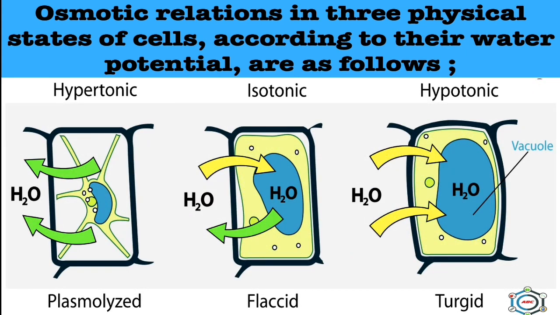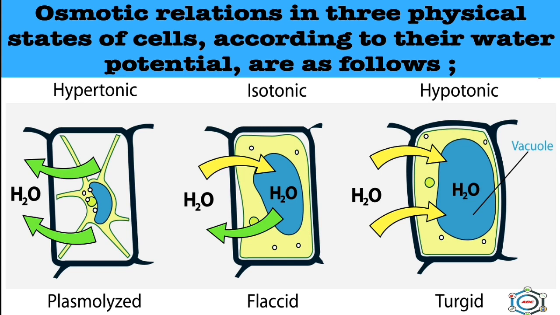Now, if we talk about the flaccid cell, in the second picture, that means in isotonic condition, you can see that the cell is flaccid. When a plant cell is flaccid, its turgor becomes zero. Zero turgor is approached under natural conditions when a tissue is severely wilted.